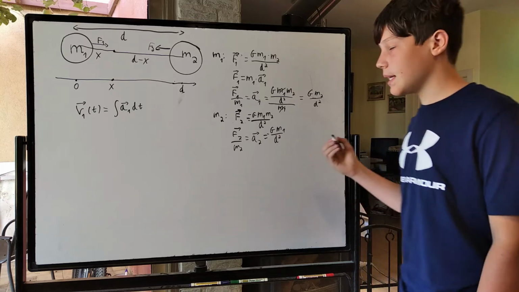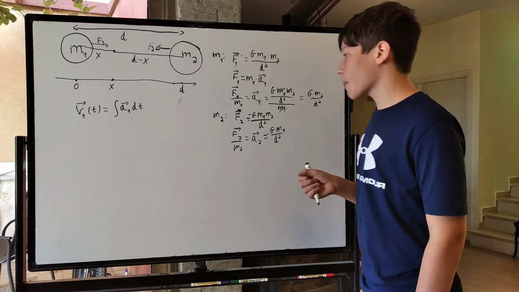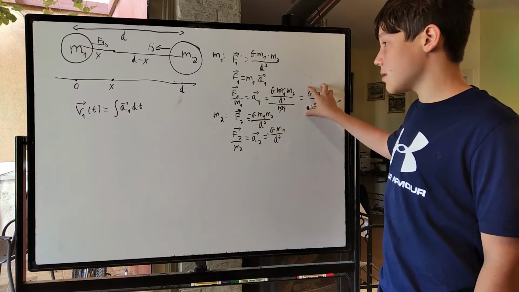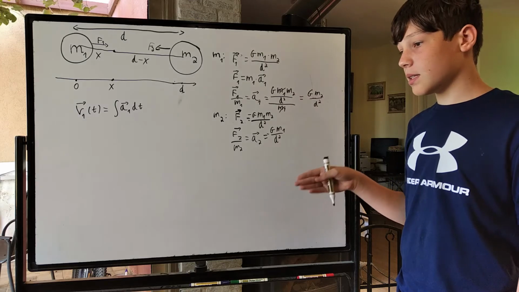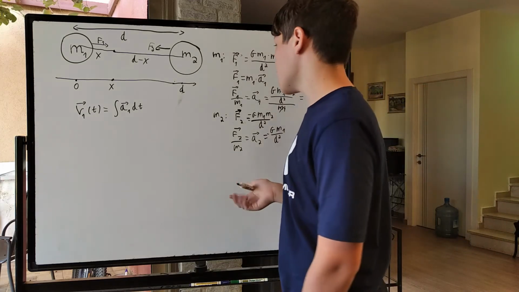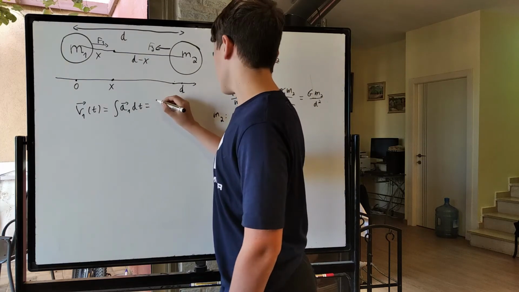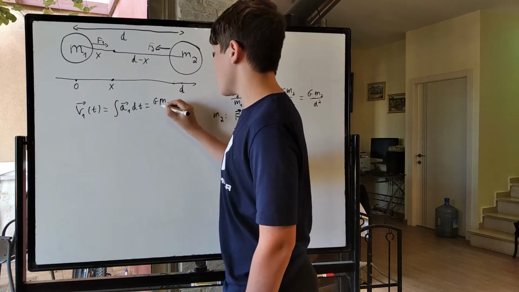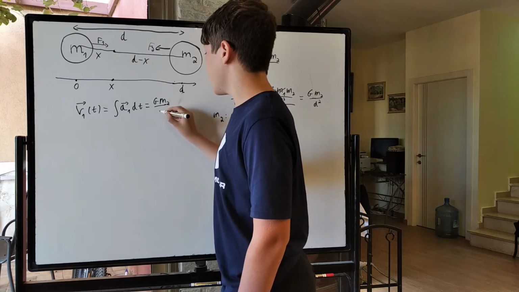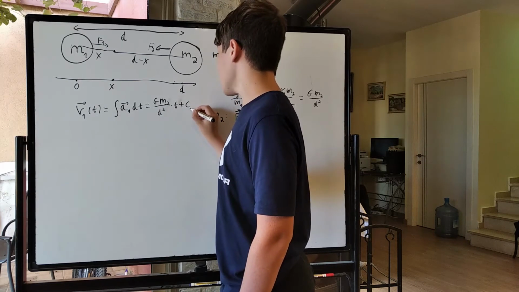As time moves, the acceleration doesn't change, meaning that this is just this constant times t plus another constant c1. So this is G m2 over d squared times t plus c1.